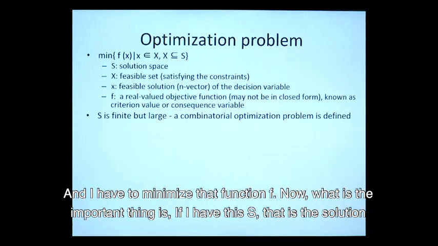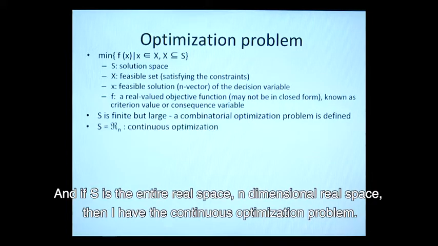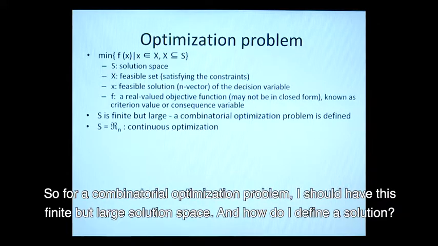Now, the important thing is, if this S, the solution space, is finite but large, then a combinatorial optimization problem is defined. And if S is the entire n-dimensional real space, then I have a continuous optimization problem. So, for a combinatorial optimization problem, I should have this finite but large solution space.